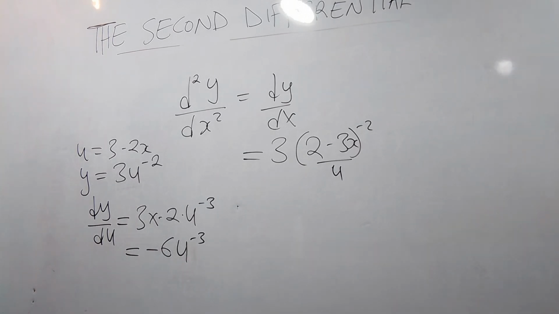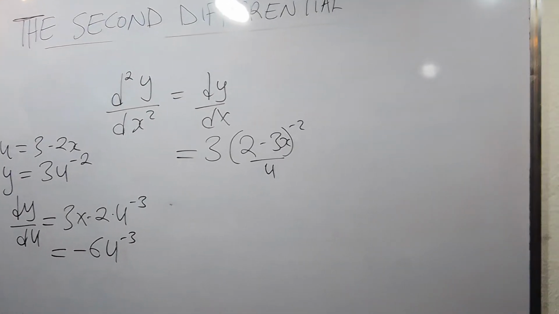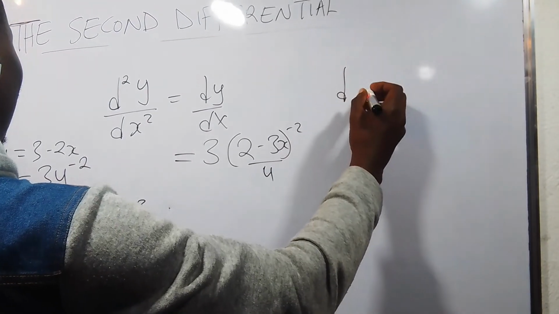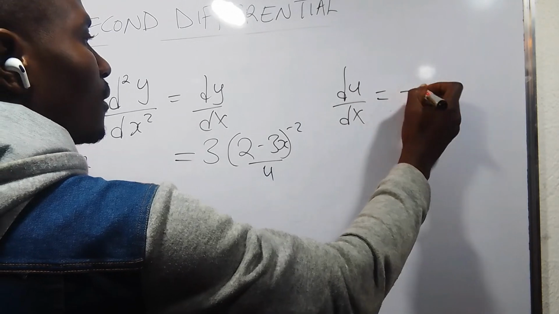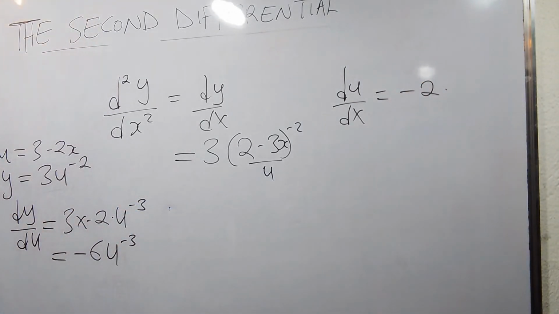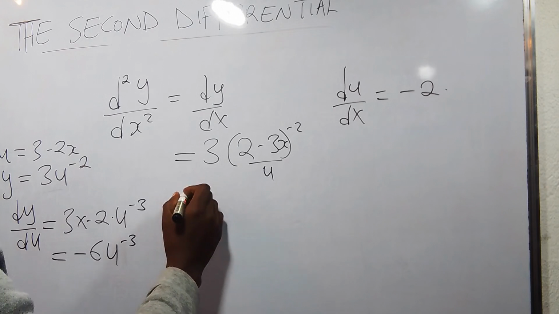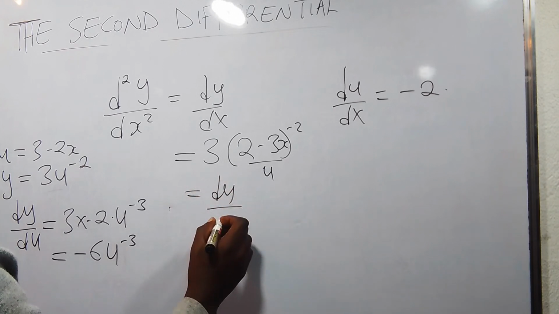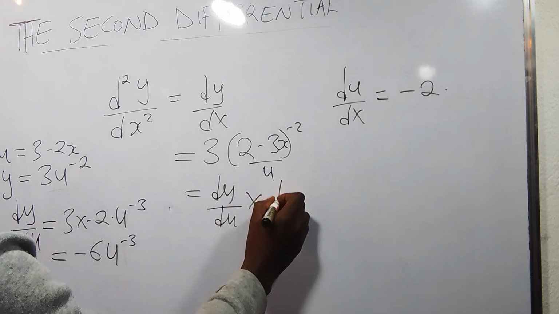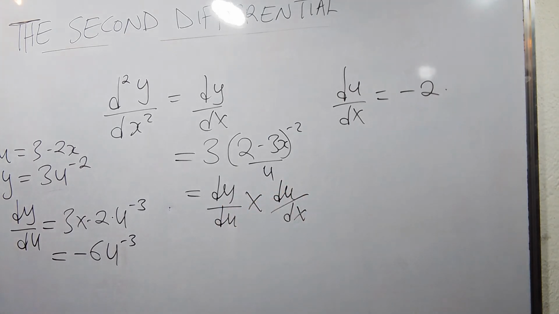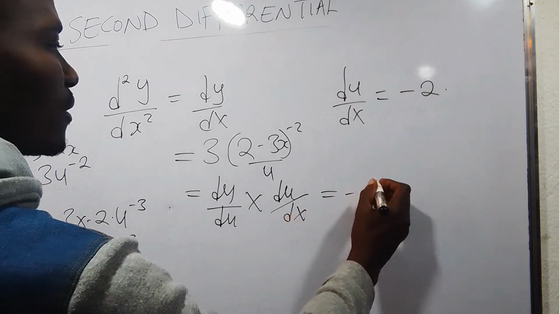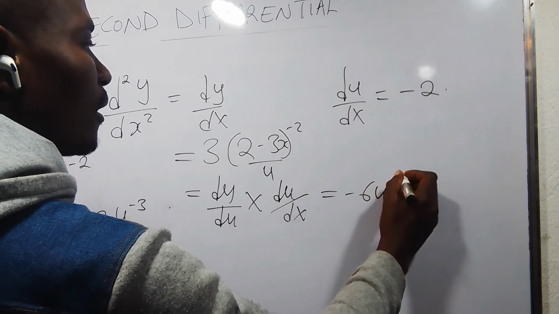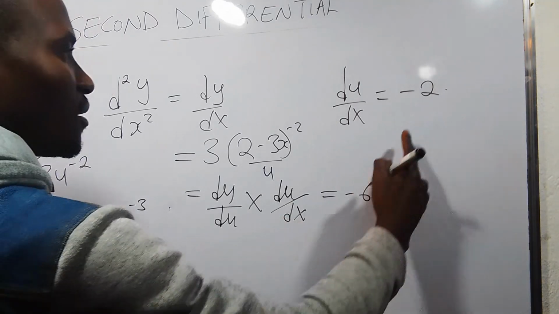Then from there we can have another function, du over dx, which is just negative 2. Now we can say this is dy over du multiplied by du over dx, which equals negative 6u to the power negative 3 multiplied by negative 2.